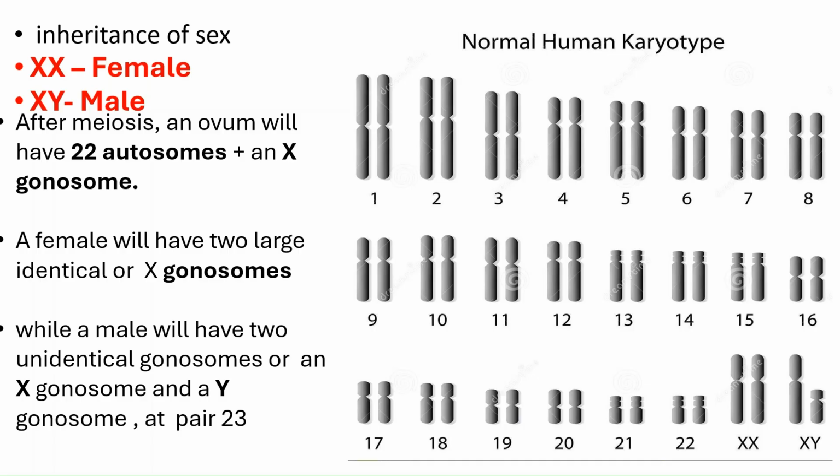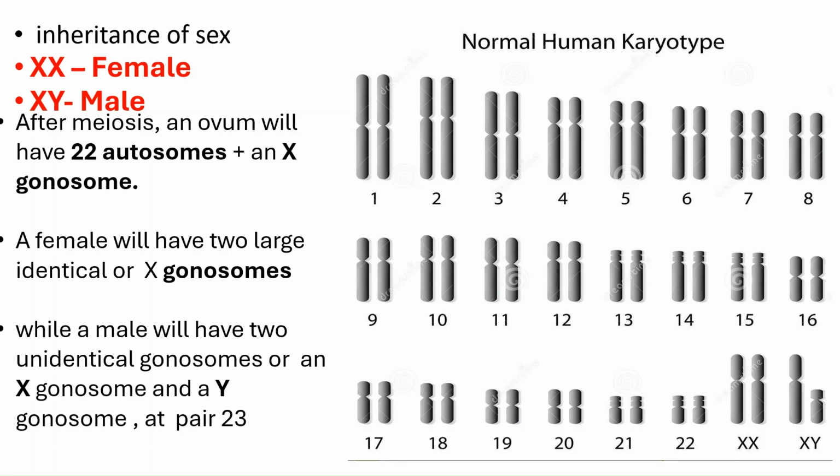After position 21, we go to position 23. Here, the person can either have two identical gonosomes or two X chromosomes if it is given to you in exams. If the letter X is not given, you don't say the person is a female because she has two X chromosomes.